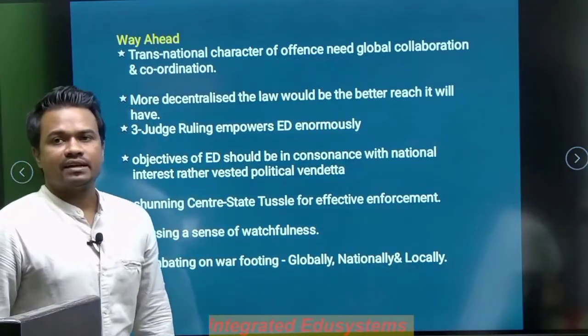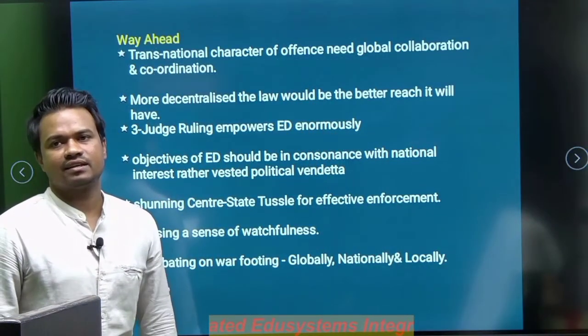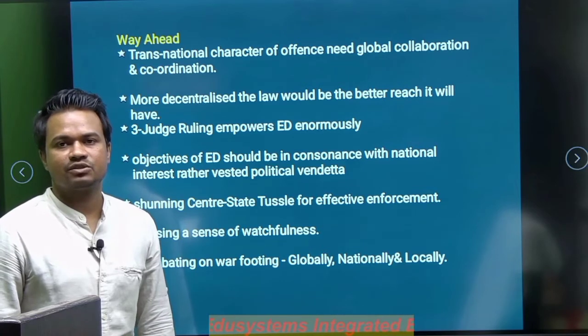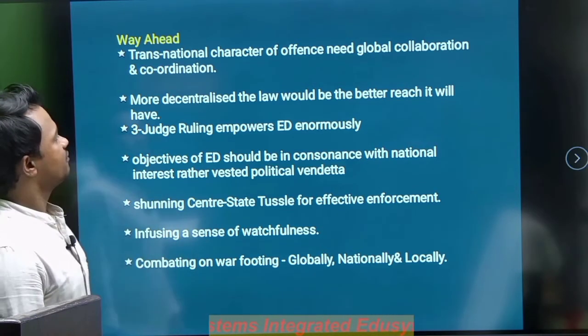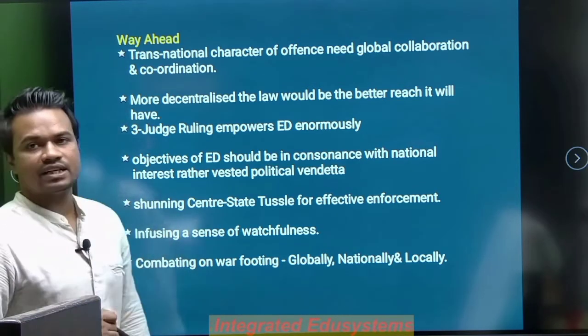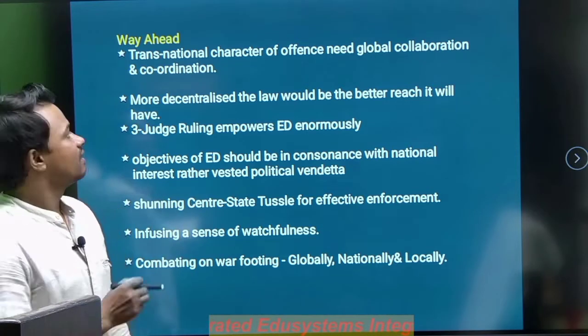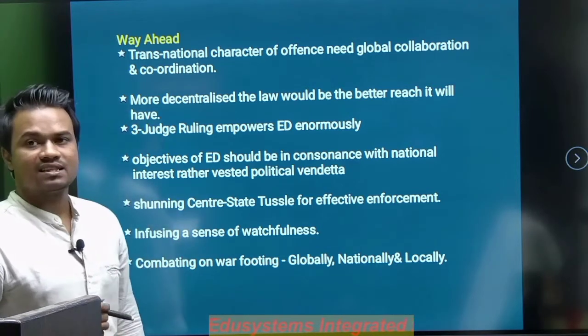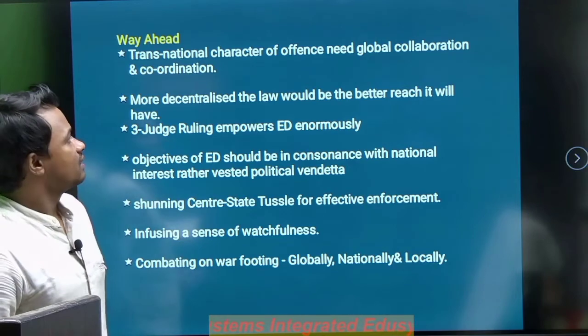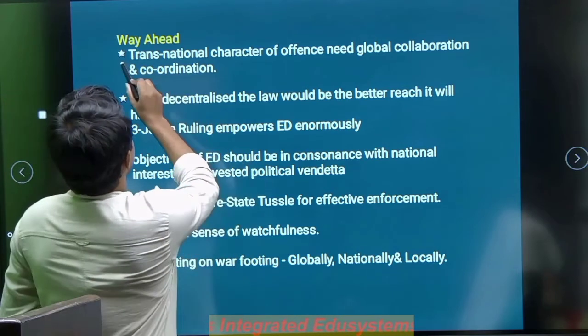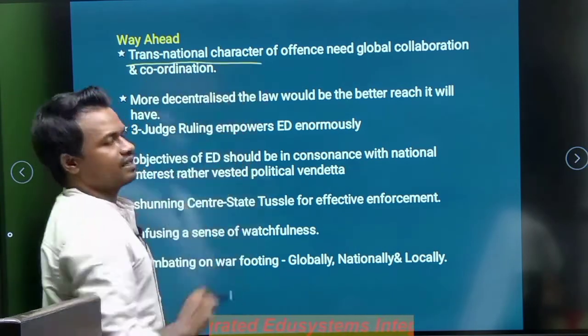Now what could be the way ahead? What should be the recommendation and what should be the way forward? The very first thing is that the money laundering case is of a transnational character. This is a transboundary issue, so it is not confined to a particular country or state only.